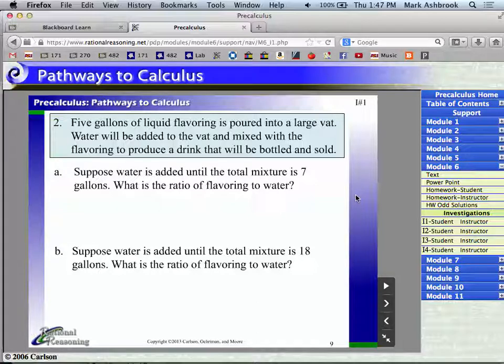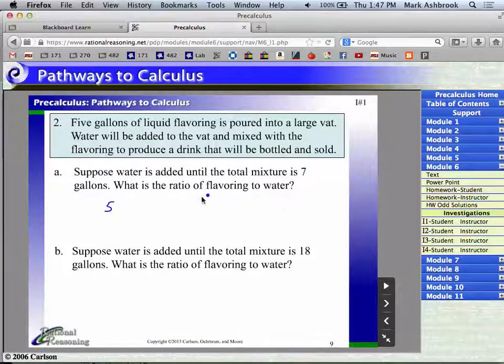Okay, Morgan, how did part A go? Tell me, what was your process or your thinking on that one? With the rate. 5, okay. 2.